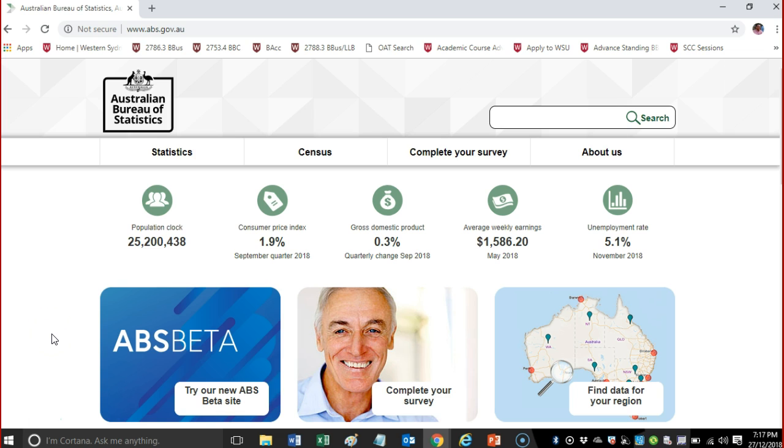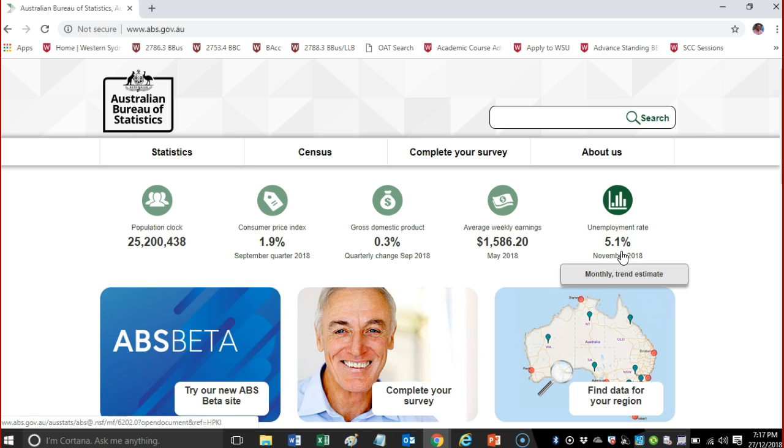And luckily for us, on its front page, it gives you links to the key things that we're asking about. The first one is the unemployment rate. So where can we find that?